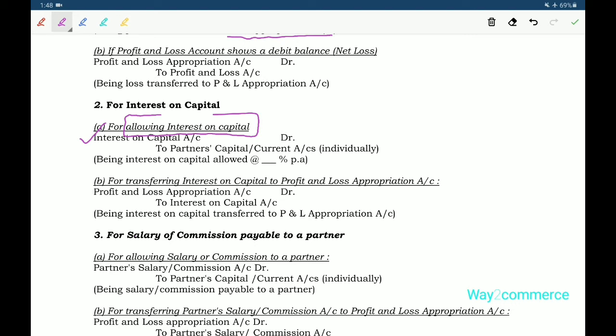That's why we have debited interest on capital account. Whom are we paying? Partners capital. That's why we added to the partners capital account. After that, appropriation entry. Profit and loss appropriation account debit to interest on capital account.